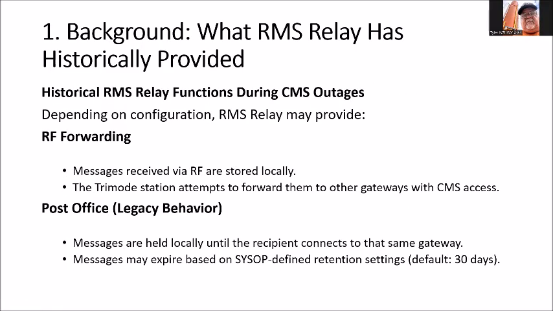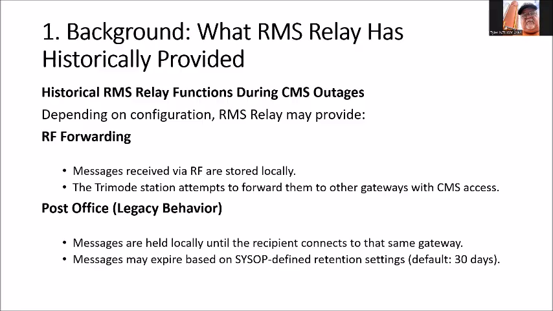The background of what RMS Relay has historically provided: historically RMS Relay functions during a CMS outage. Depending on the forwarding configuration, RMS Relay may provide RF forwarding. Messages received via RF are stored locally, and the tri-mode station attempts to forward them to other gateways with CMS access.